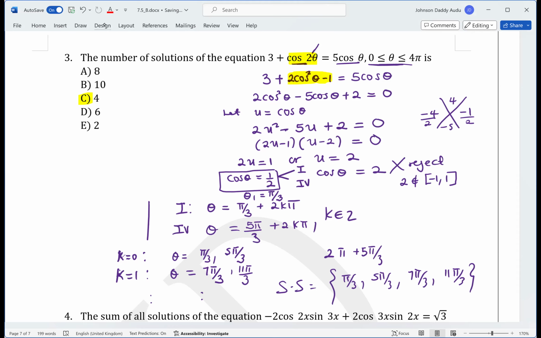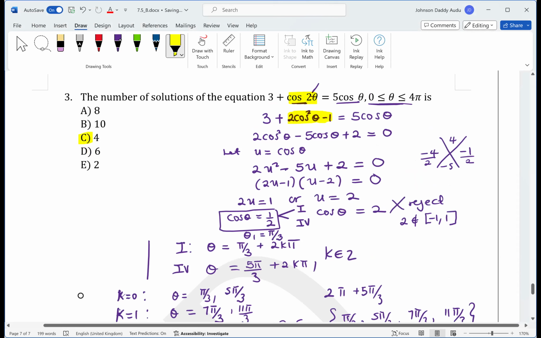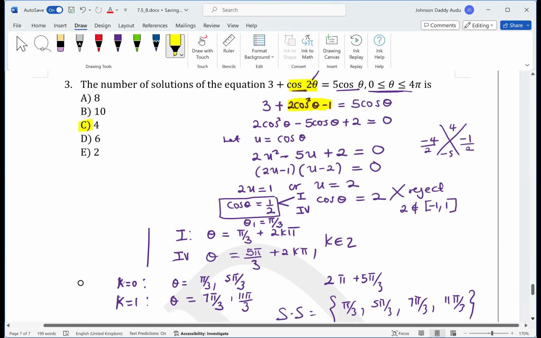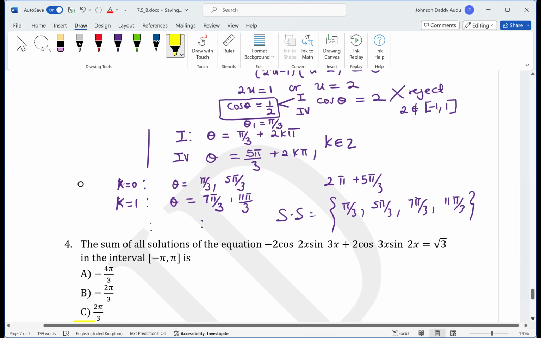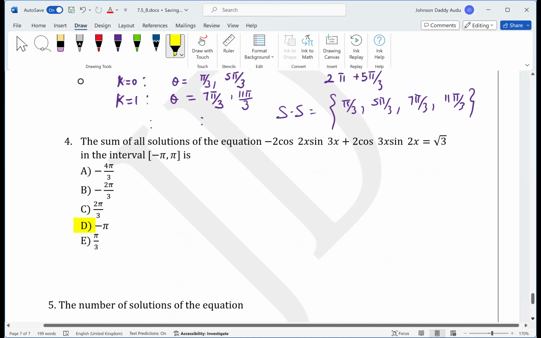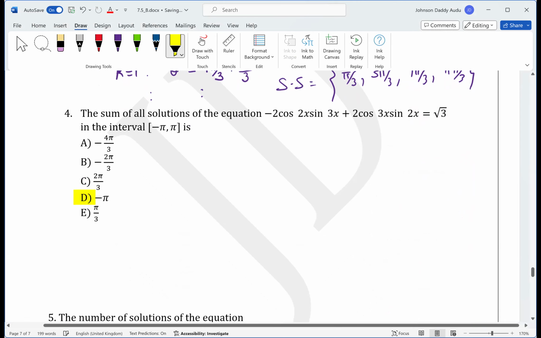All right, so we have 2 more questions to go. Question number 4. Now we have to look at the interval from minus pi to pi.